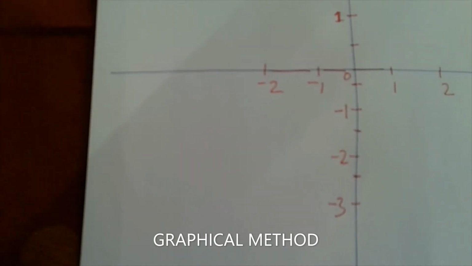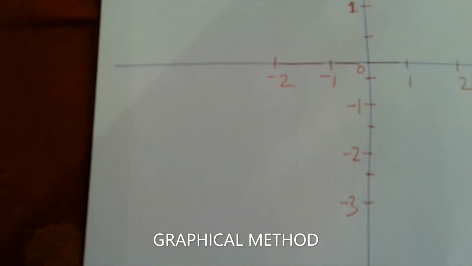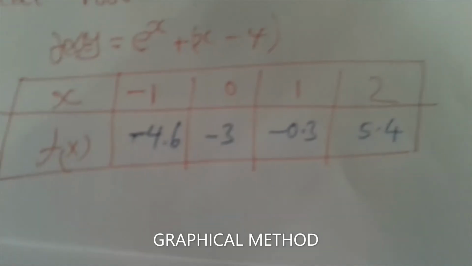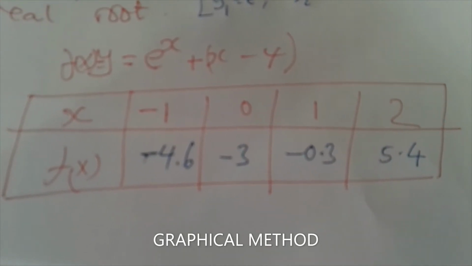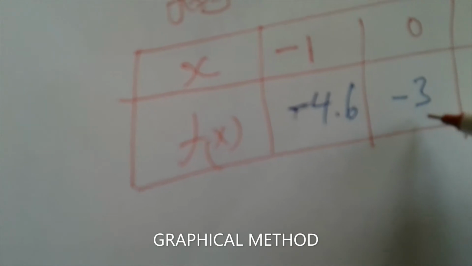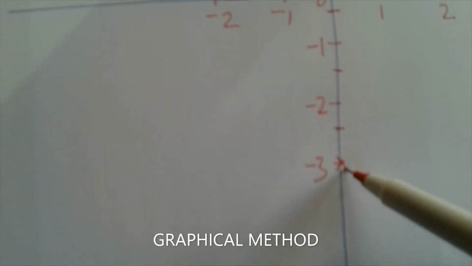So plot, and we expect you to give your values in the table to one decimal place for easy plotting, like how we have seen values of f of x have been given to one decimal place. Now, plotting the graph shall have 0, negative 3. Those are points to plot. This should be the first point here.